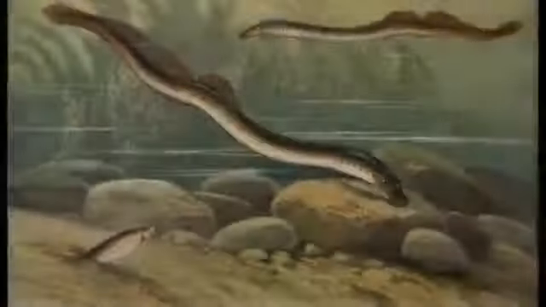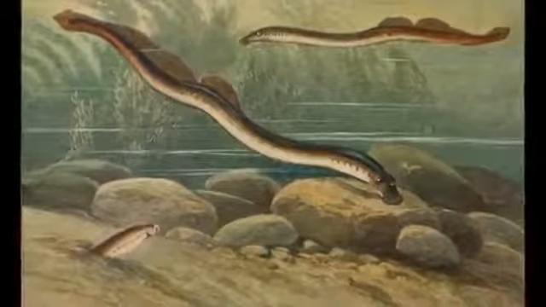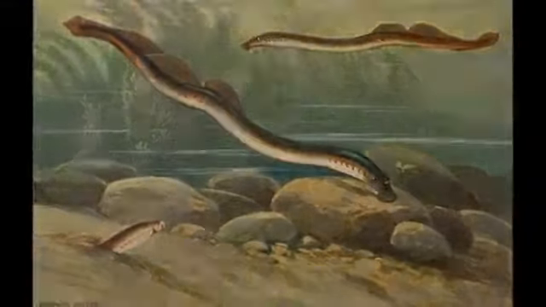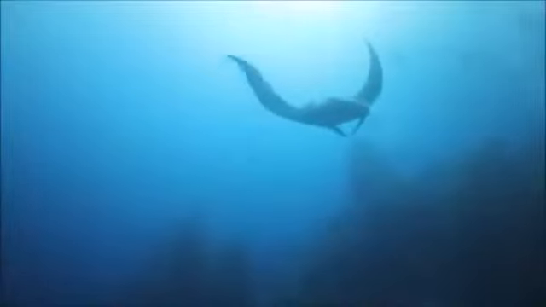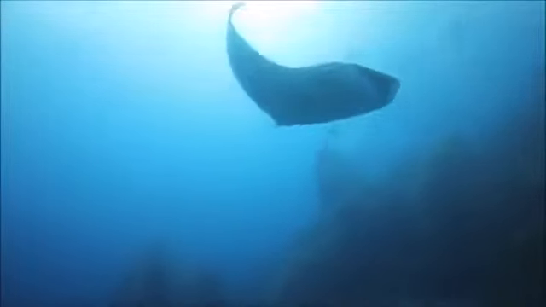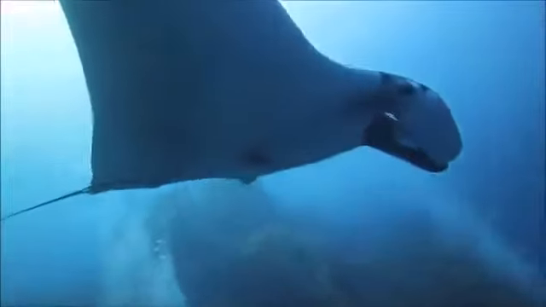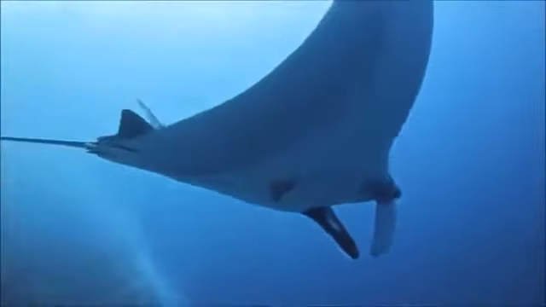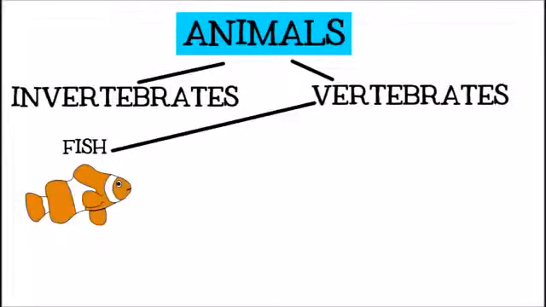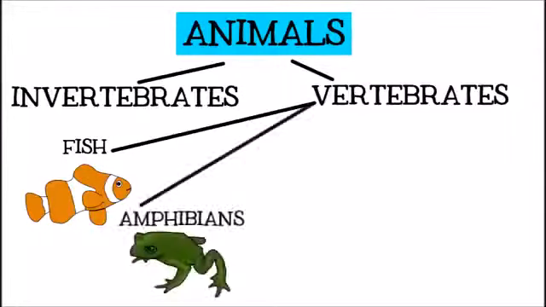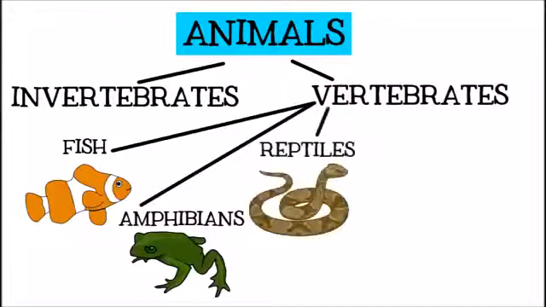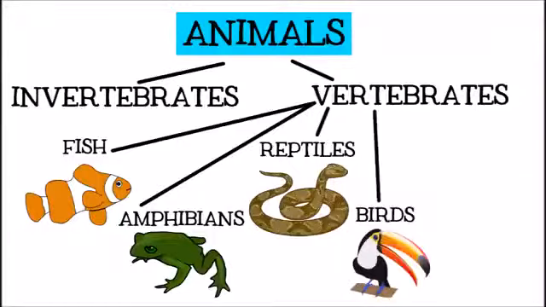For example, jawless fish, like lampreys and hagfish, and cartilaginous fish, like sharks and rays. For simplicity's sake, these other classes are usually lumped together with bony fish and just called fish. The four remaining classes of vertebrates will all be very familiar: amphibians, reptiles, birds, and mammals.